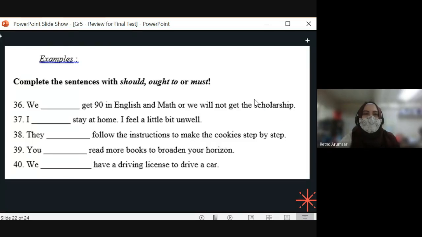So, what do you think it is? Should, ought to, or must? Yes, it's a must. We must get 90 in English, or we will not get the scholarship. So whenever you see a consequence in the sentence, then it must be must or mustn't. The answer, yeah.